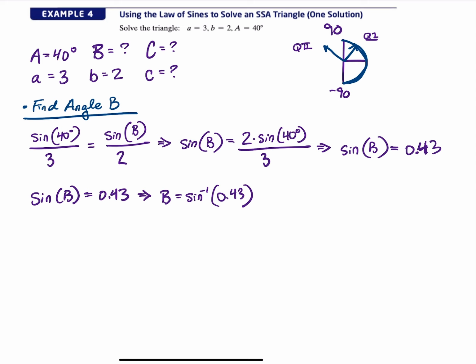If you type that in and you're in degree mode, you should get approximately 25.4 degrees. So that would be our angle in the first quadrant. That is definitely one solution for our angle B. So we can say B equals 25.4.